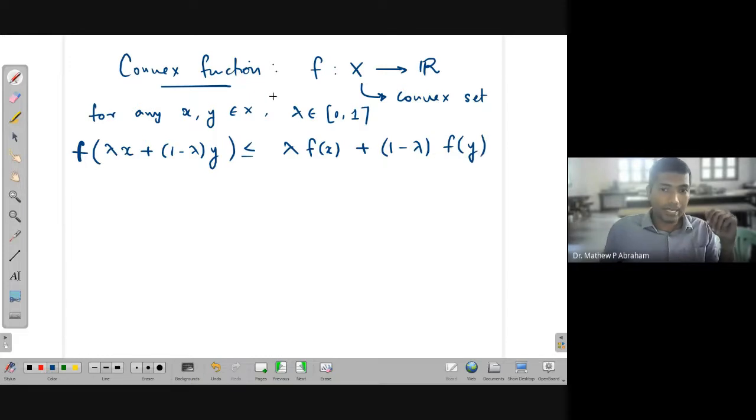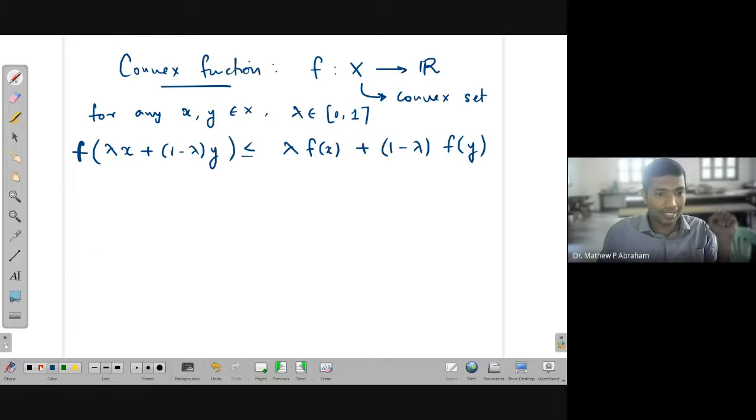So if a function satisfies this property for any x, y belonging to the convex set, and the scalar lambda varying from 0 to 1, then you can say that function is a convex function.